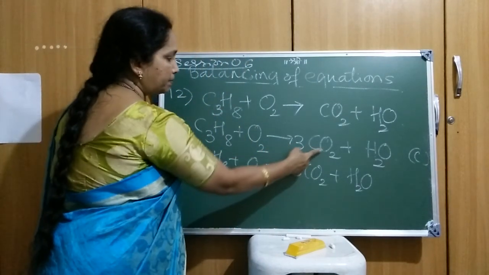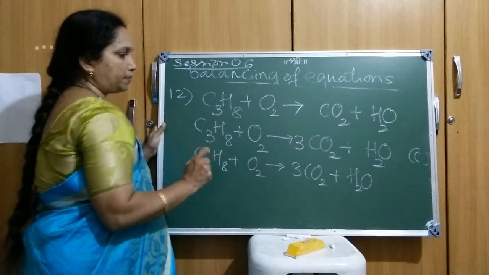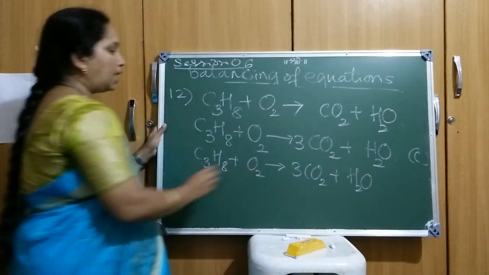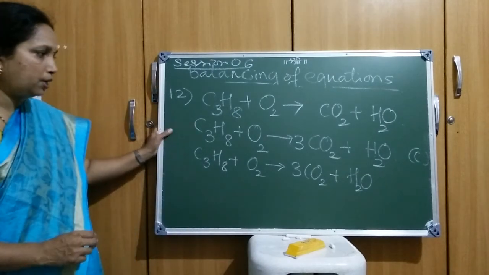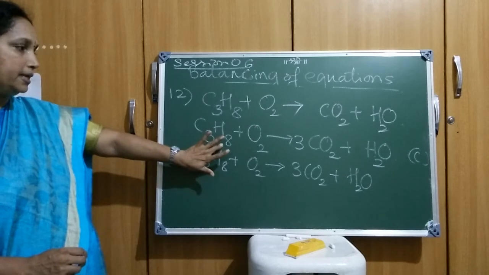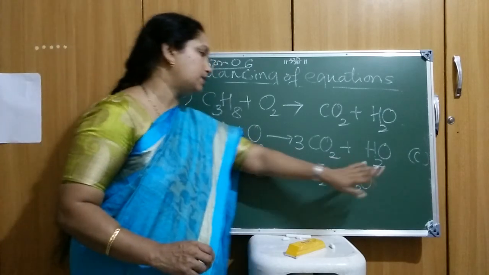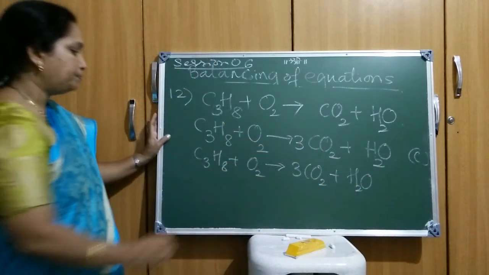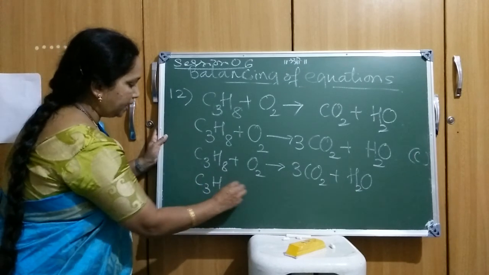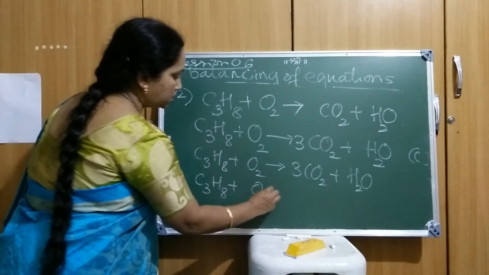What about oxygen? 3 2s are 6, and one more here, one oxygen is there. And what about the hydrogen over here? You're going to see that hydrogen is already 8, and hydrogen here is 2. We can go for the oxygen later. So I'll write down the equation as it is: C3H8 gives out oxygen.